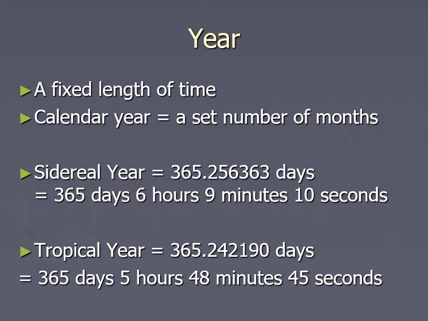So the seasons repeat every 365.24 days. So every 365 days, 5 hours, and almost 49 minutes.